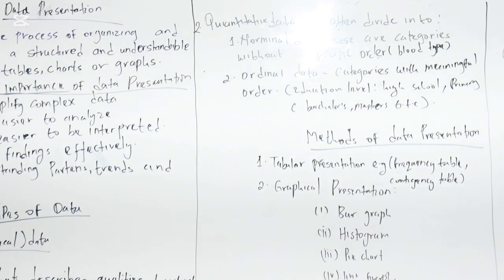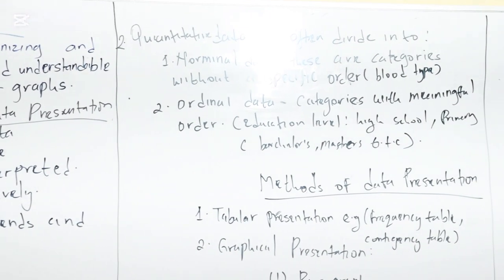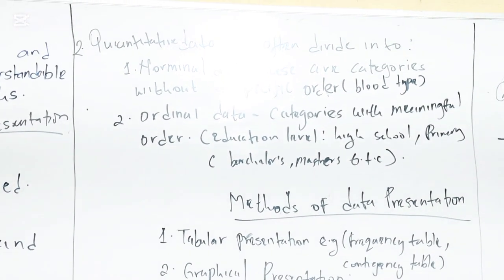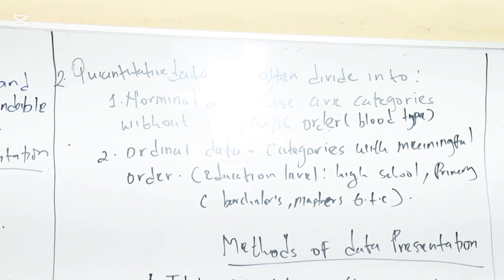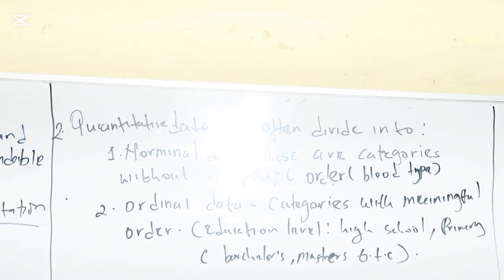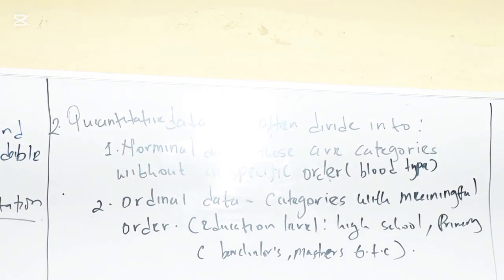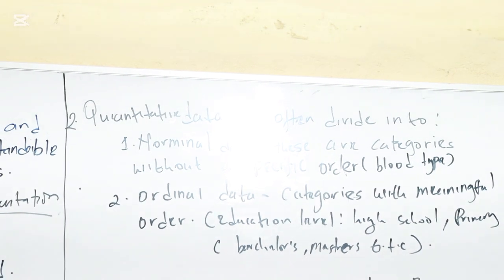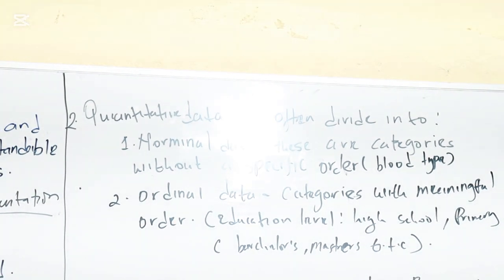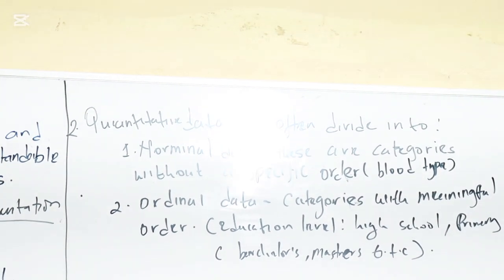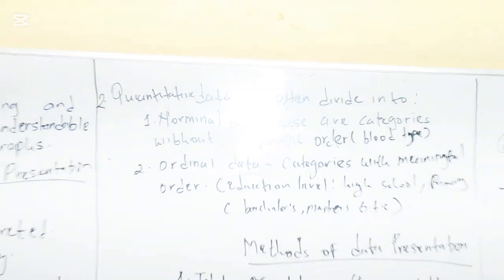Quantitative data, let's say, it is data that deals with what? It's data that deals with numerical values, numbers.